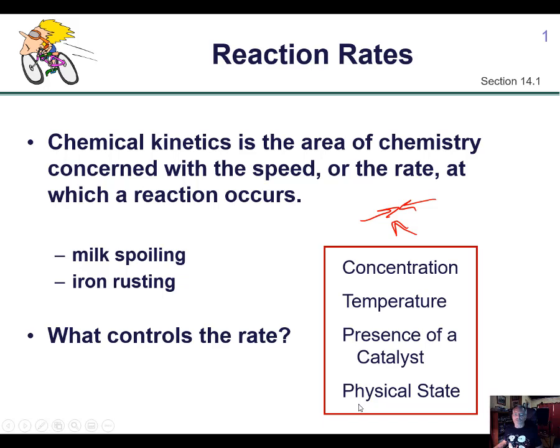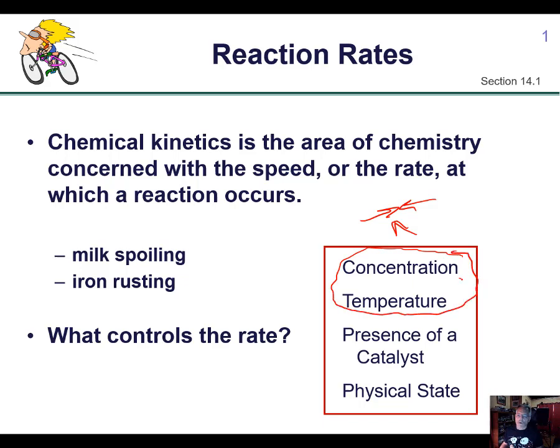The physical state of the substances in a chemical reaction. Are they in a gas state? Are they in a solid state? Or a liquid state? Are they dissolved in solution? So the physical state of the components of the reaction. We will focus principally on concentration and temperature.